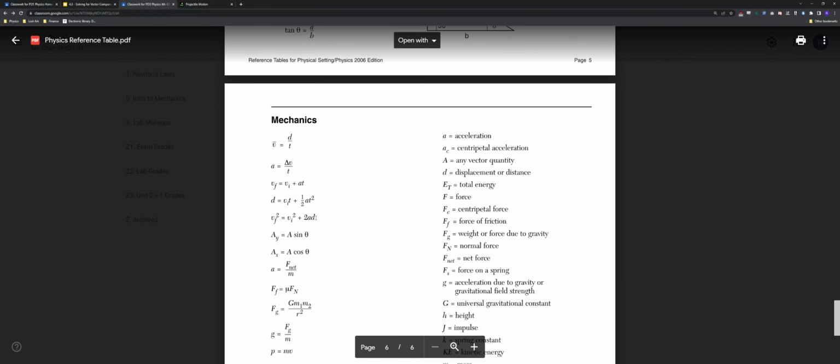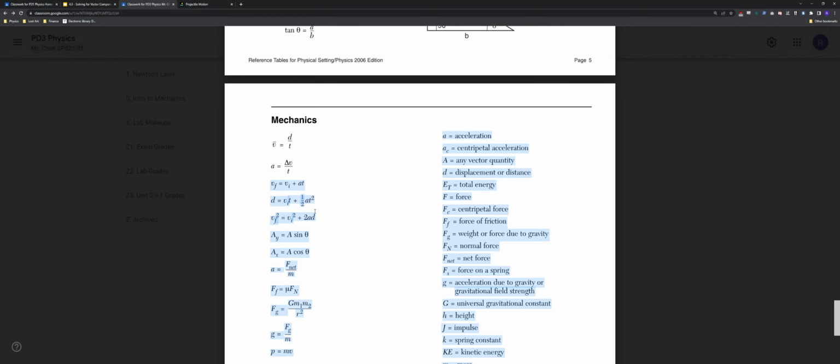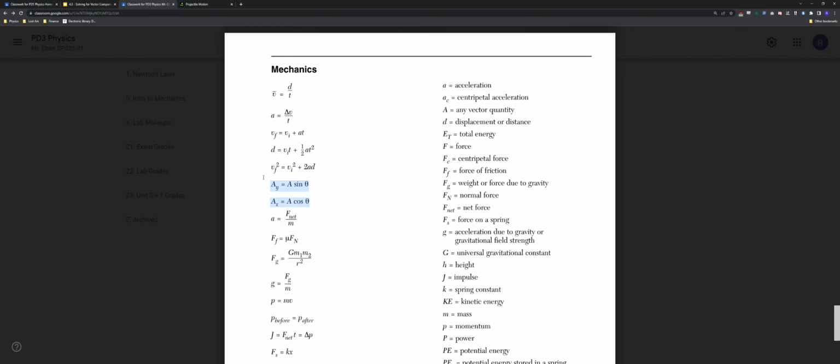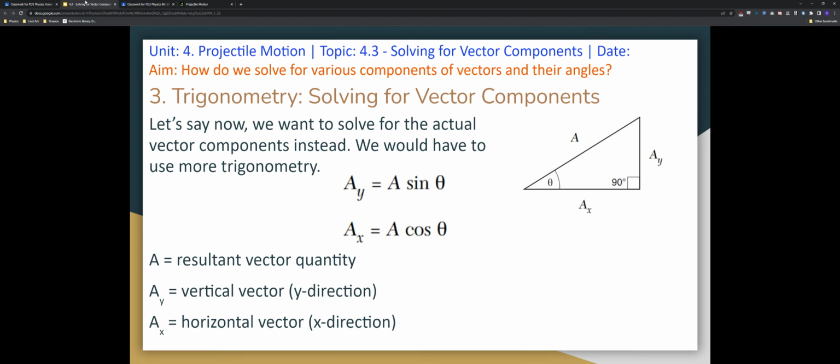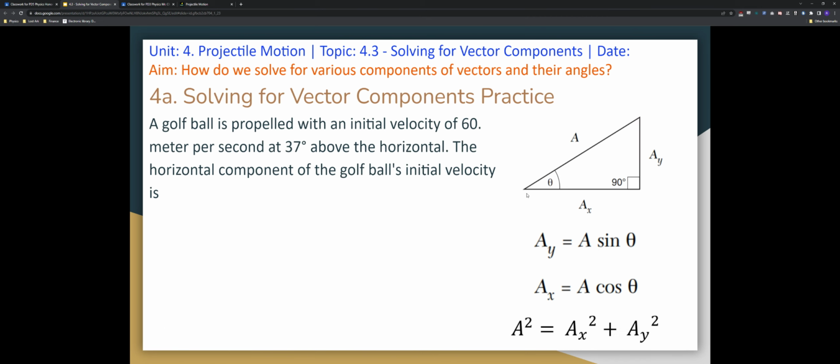Here I have this, so your formulas are over here. These are your two formulas right there. Okay, so let's do some practice problems.